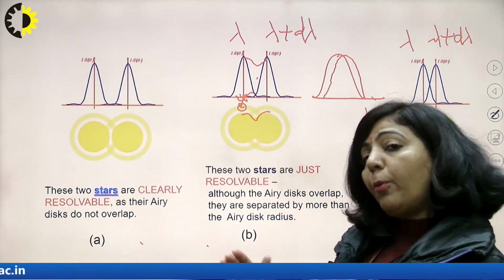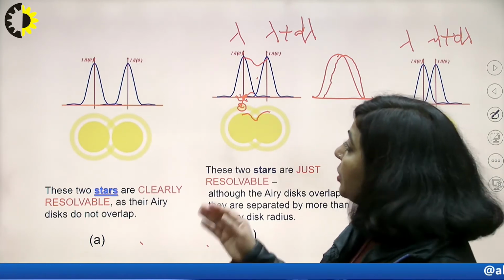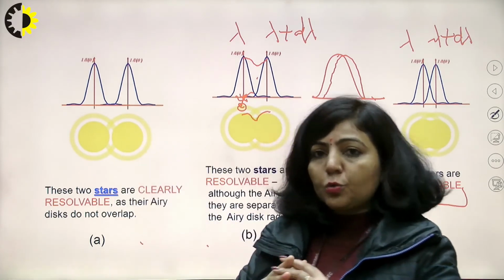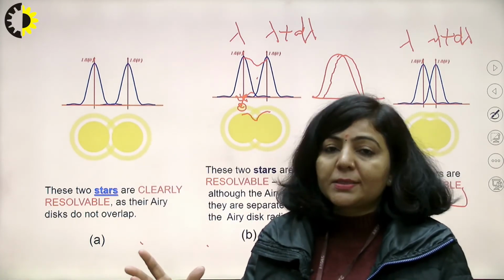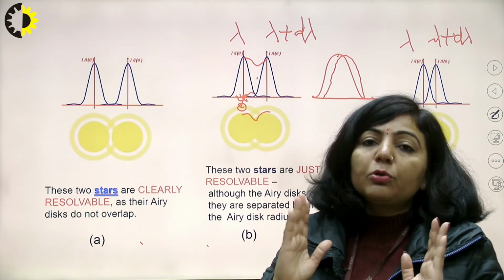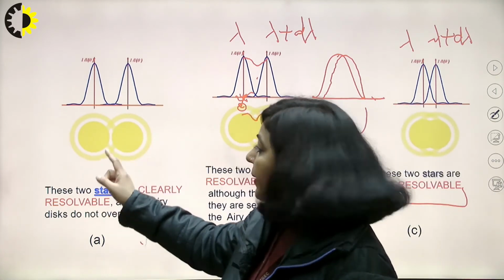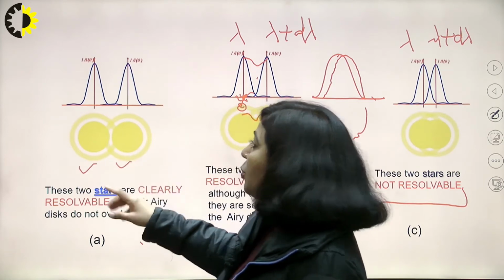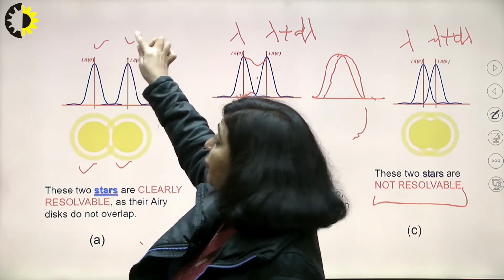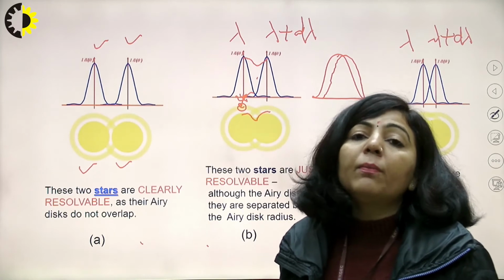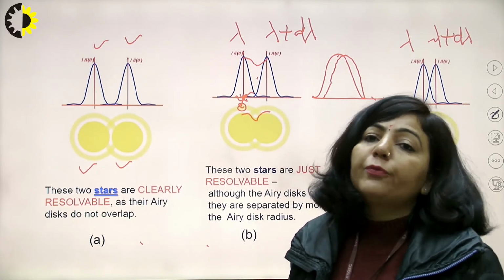And after the point of just resolution, these two images or these two sources or these two stars can be clearly seen through the optical instrument. Means now you can easily make out that you are having two stars, you are having two different diffraction patterns coming from two different sources, from two different stars.